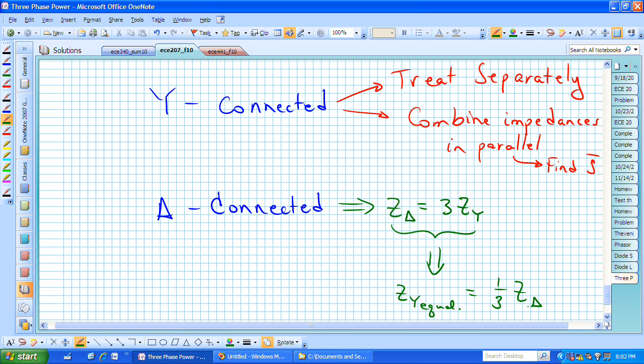And now that you have an equivalent load impedance, you could move back to this way. You now have another Y-connected load to work with, and repeat what we just said above to complete that particular problem.